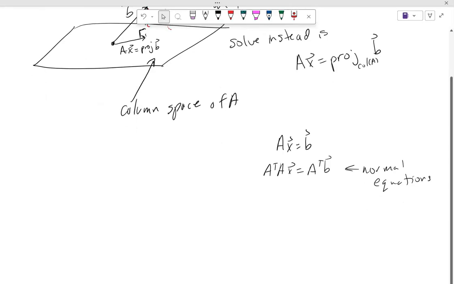We hope we have a square matrix here that we can invert. Because if we have a square matrix that we can invert, then we can just find our least square solution by applying the inverse of that matrix on the left-hand side.